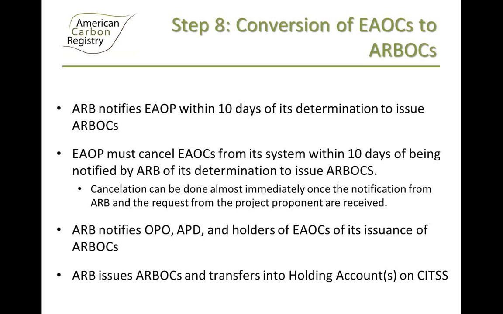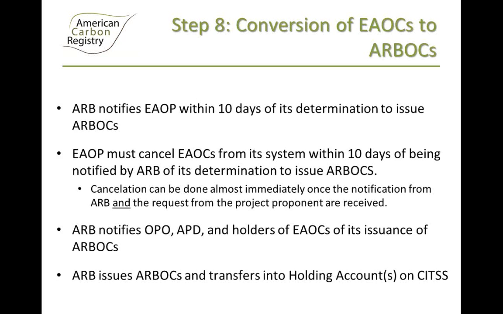Once the ARB determines that the emission reductions and removal enhancements meet the requirements of the regulation and all information submitted is complete, it will notify the early action offset program within 10 days of its determination to issue the RBUC. So we will get a notification from ARB once they've made their determination that they are eligible.